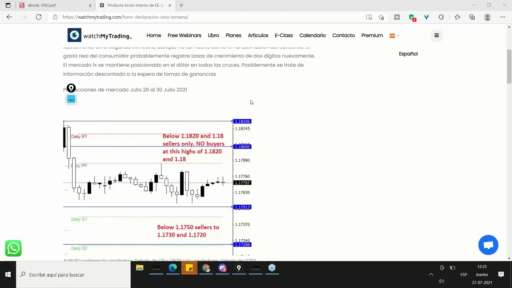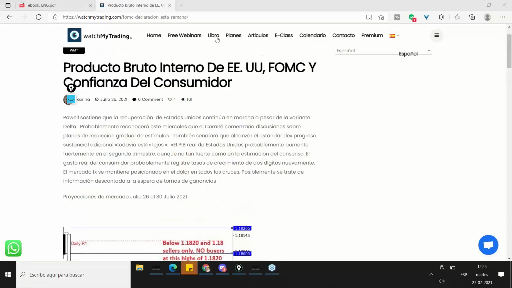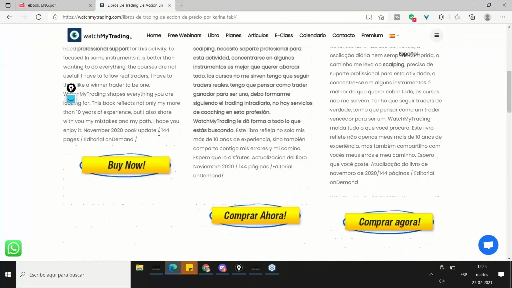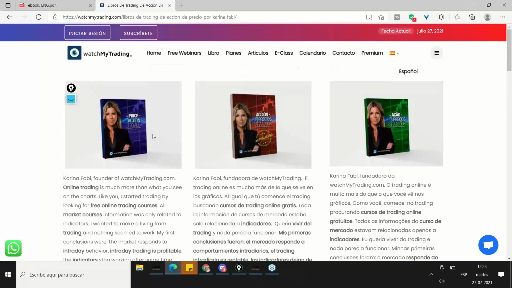Again, this is based on the book Price Action for All. You can get it from the website. You go to the book, the third tab, and you're going to find the English version, which is the first version, and it's everything about price action.